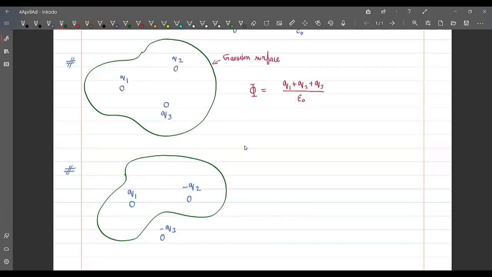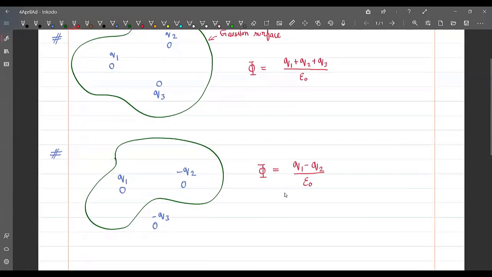Okay, so Gaussian surface is an enclosed volume. In this case, you will see again the flux, you'll not worry about the charge Q3. As I said, Gauss law says that the electric flux only depends on the charge that is inside the Gaussian surface. So we'll write this as Q1 minus Q2 whole divided by epsilon naught.